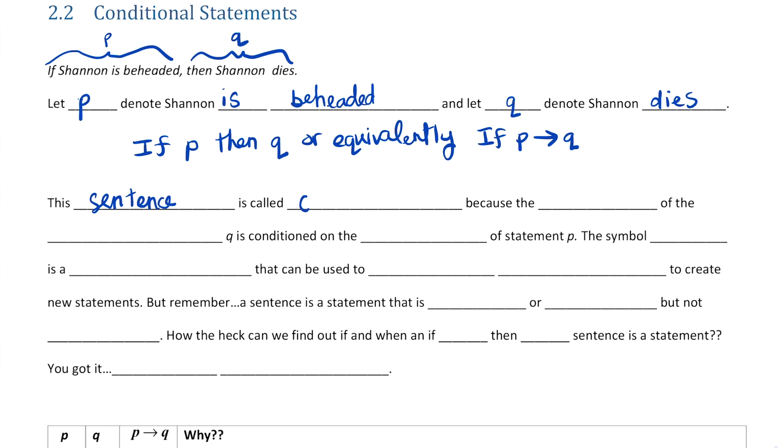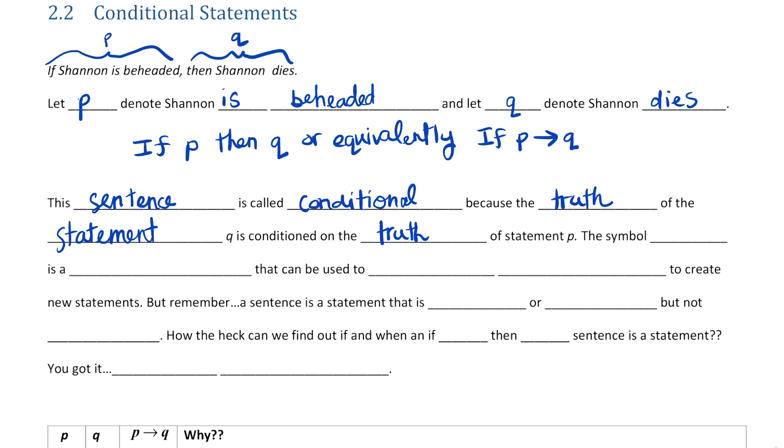This sentence is called conditional because the truth of the statement Q is conditioned on the truth of statement P. This is kind of weird in logic. There's certain things that are logically true that aren't instinctively true.